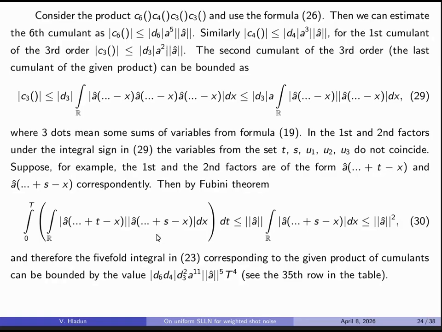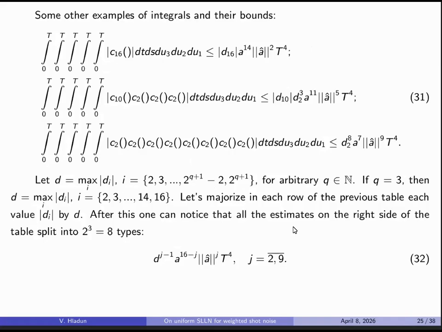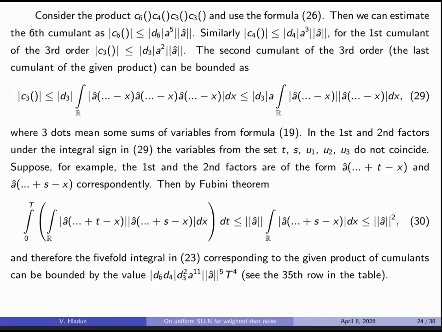Then, using Fubini's theorem, we can get such a bound 13 for this double integral.